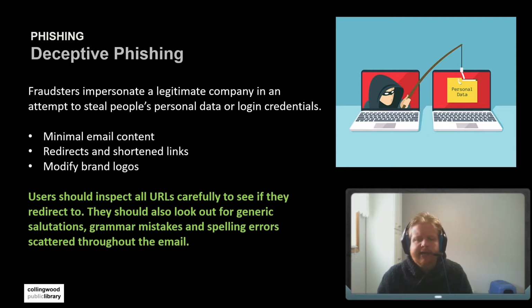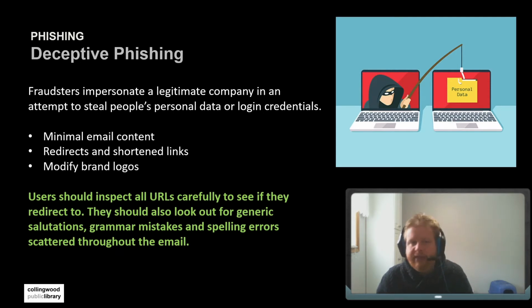Something is off. So when you're dealing with this, you want to carefully inspect that URL. You can hover over it and see where it's actually going to redirect you. Again, with the short and brief message, there are generally going to be spelling errors or mistakes. It's going to seem very odd to you.